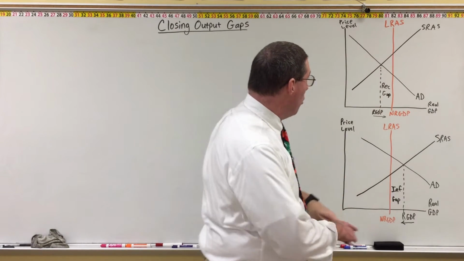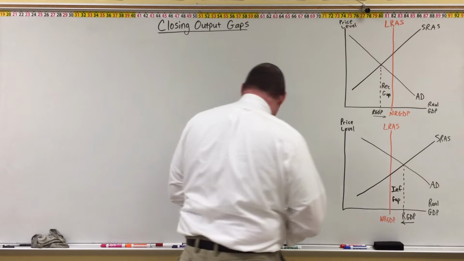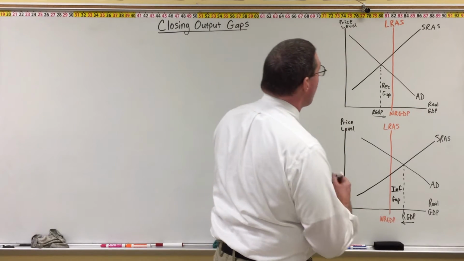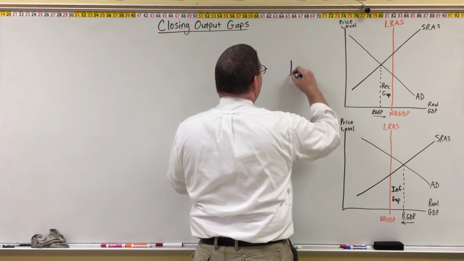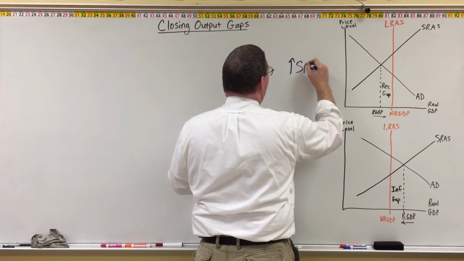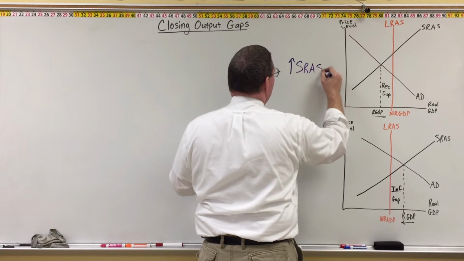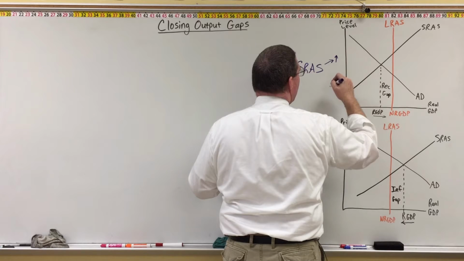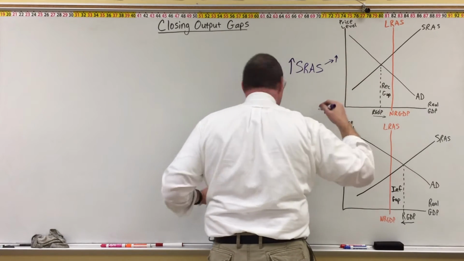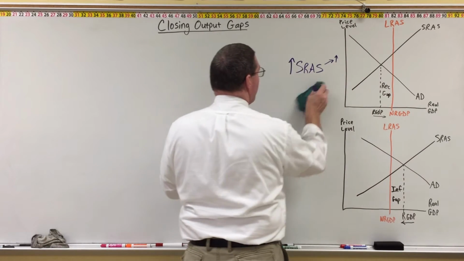So up here, our goal to close the recessionary gap is to increase short-run aggregate supply. We know that an increase in short-run aggregate supply will lead to an increase in real GDP.